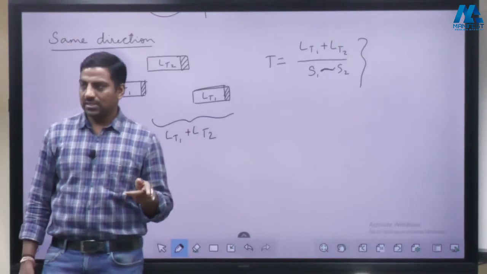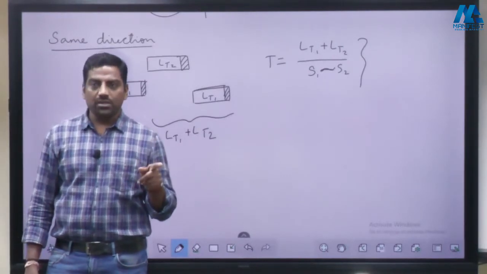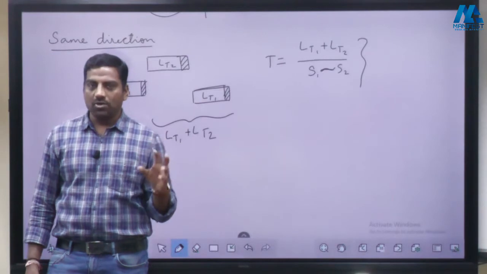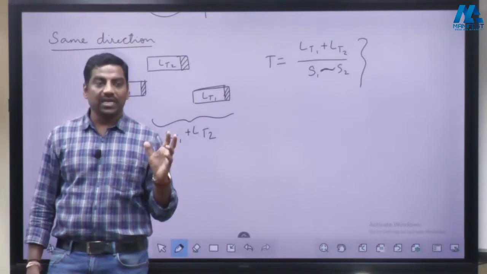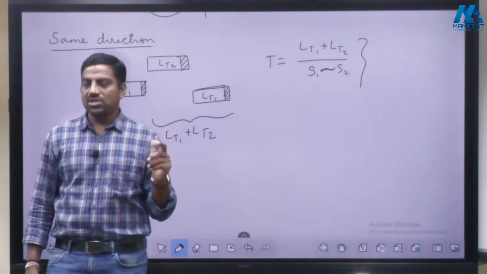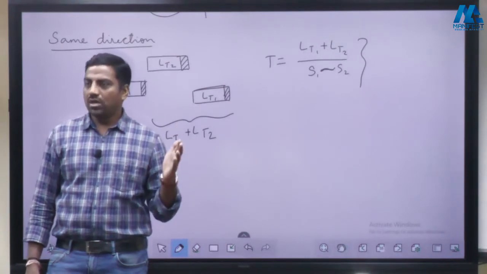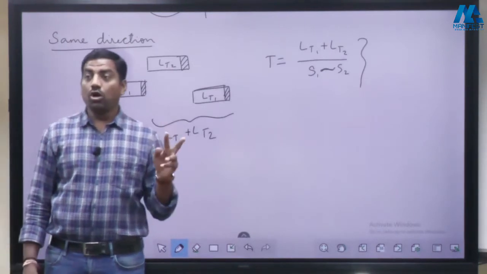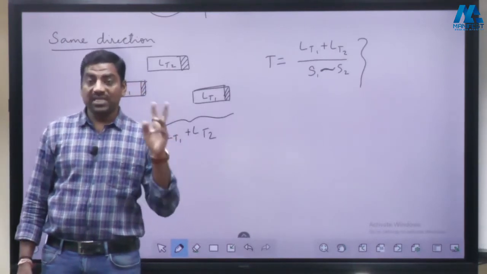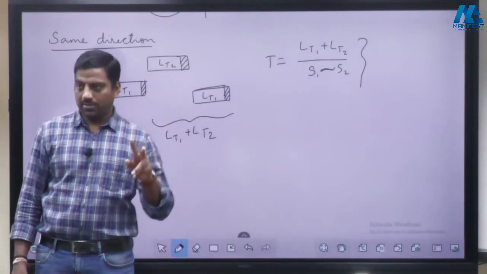In the second case, only one object is moving, so speed of the train will come in the denominator, and two objects are having significant length. One is train, another is tunnel or bridge or platform.